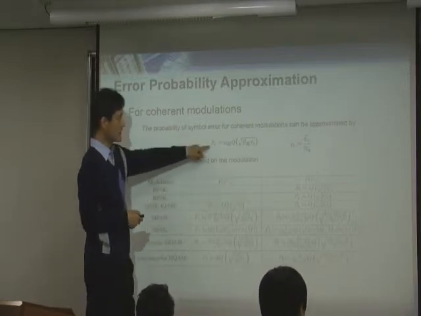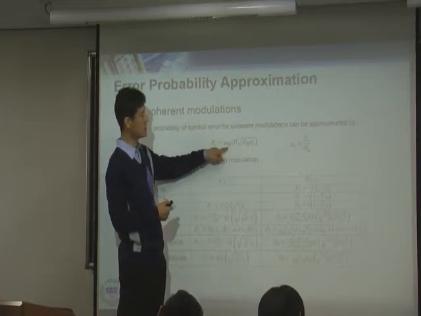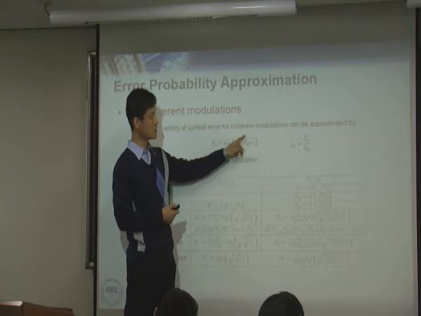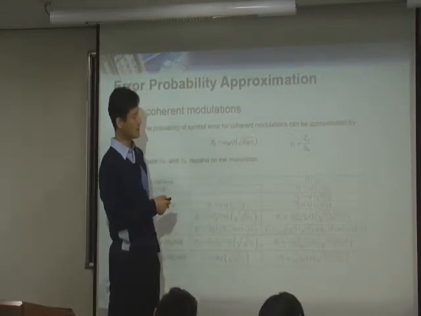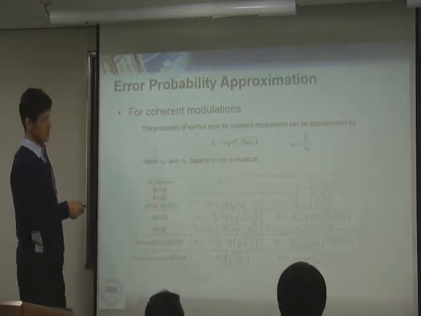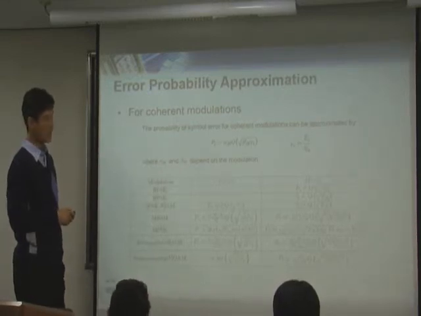PS, the symbol error probability, can be approximated as some coefficient alpha m times Q function of root square of beta m, another constant, times gamma s, the symbol SNR. This is a common approximation that you can use for any modulation.